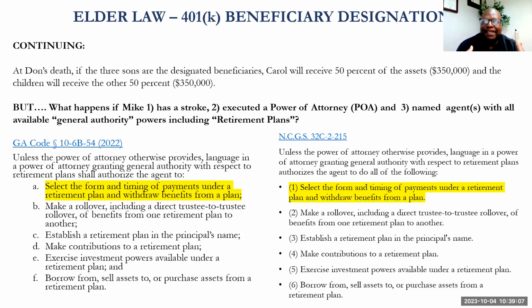So if Mike gave Carol POA and Carol says, whether it's the IRA or the 401k, I don't feel like sharing, or certainly IRA, I don't feel like being left out, she doesn't have to change the beneficiary designation. She can just withdraw the funds out and move it somewhere else, okay?